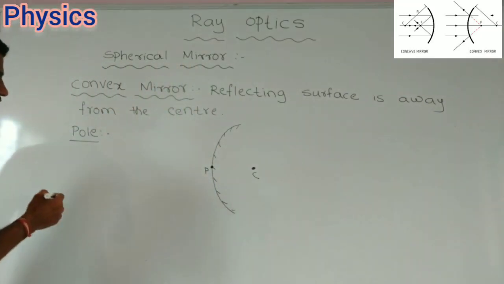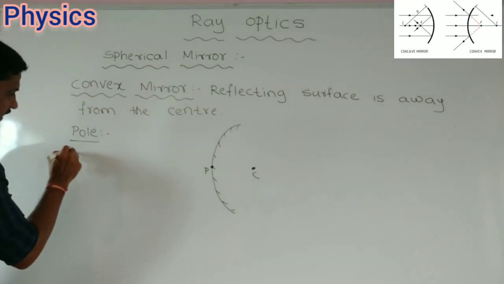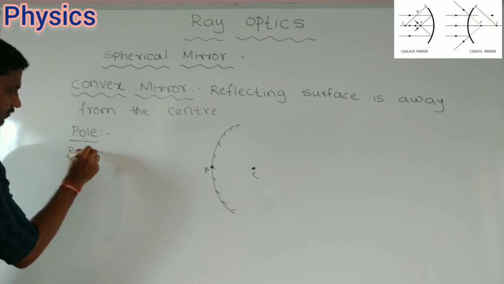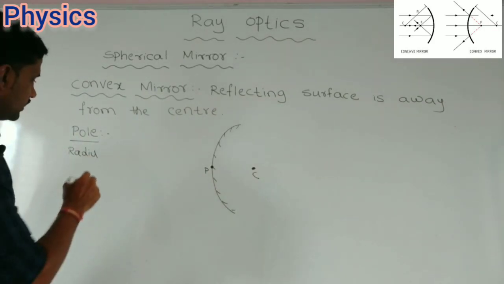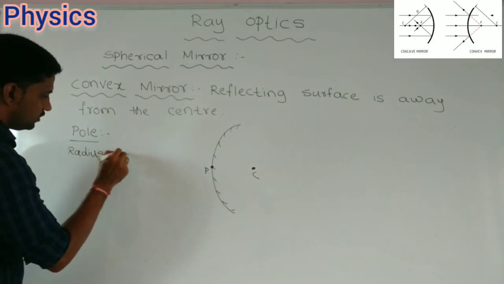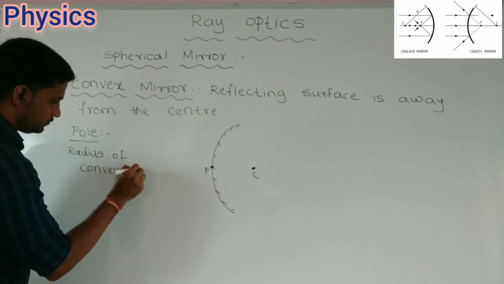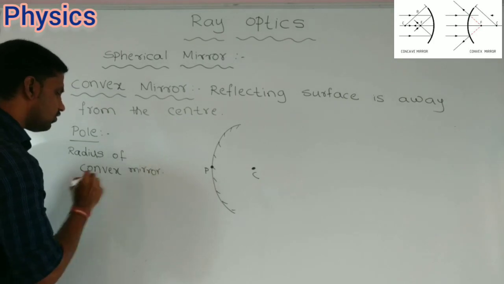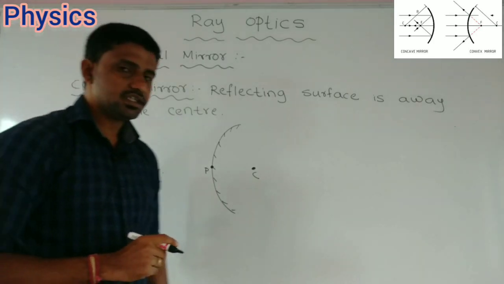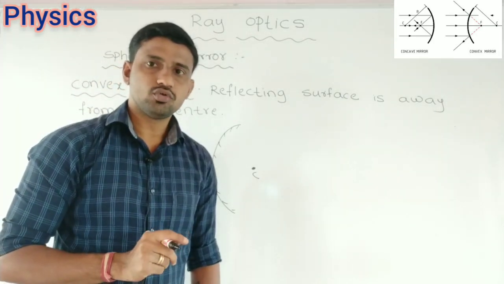Next, another term we use is the radius of curvature of the convex mirror, or radius of the convex mirror. The radius of a convex mirror is the distance from the pole to the center.